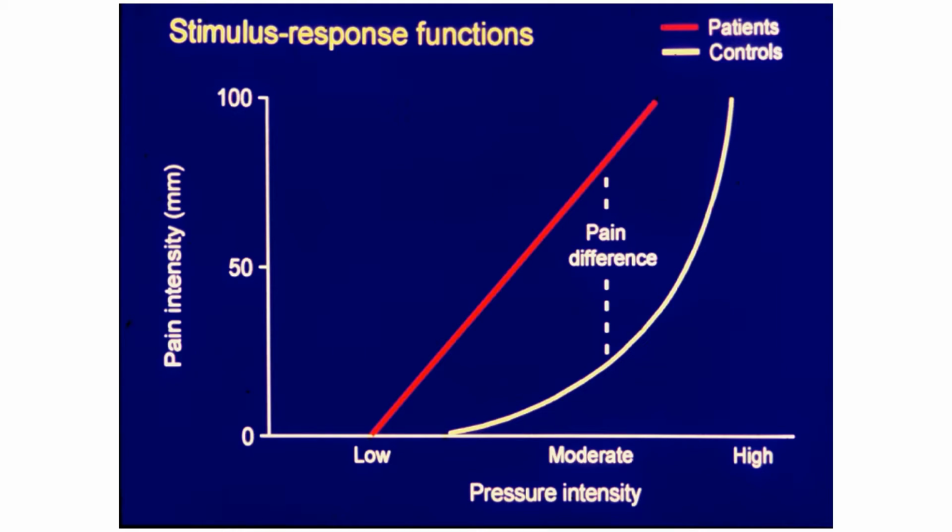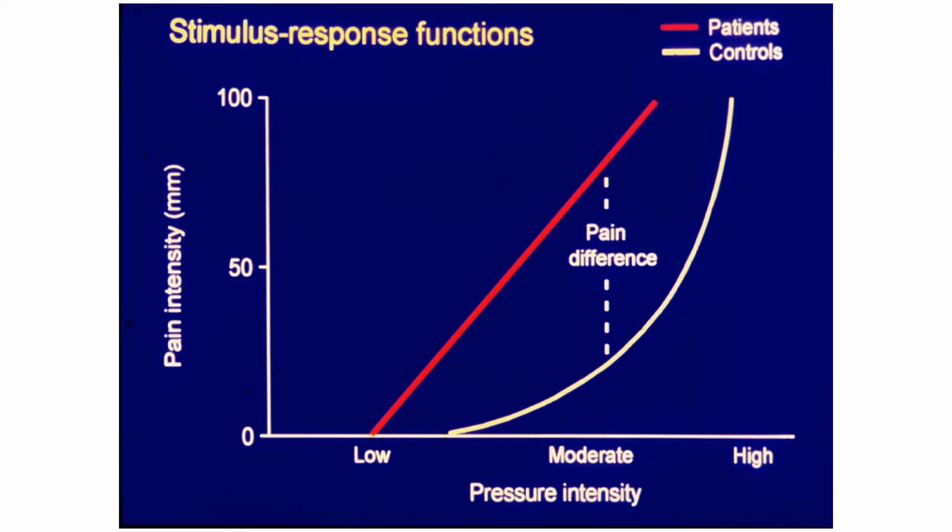We know something about the tender areas that were discussed because the pressure response curve, the stimulus response for pressure, is a straight line in the tender spots, but it's a curved line normally.